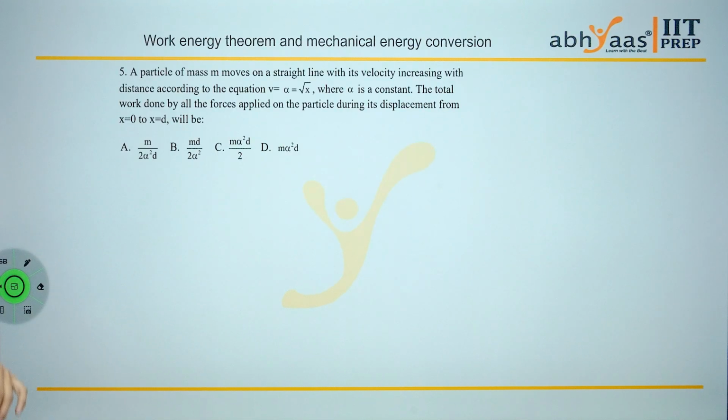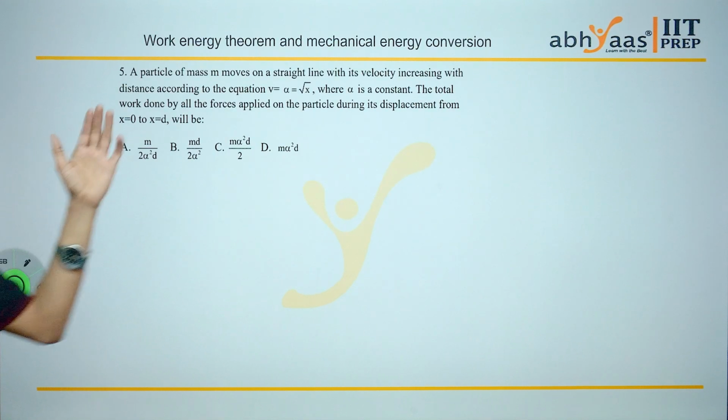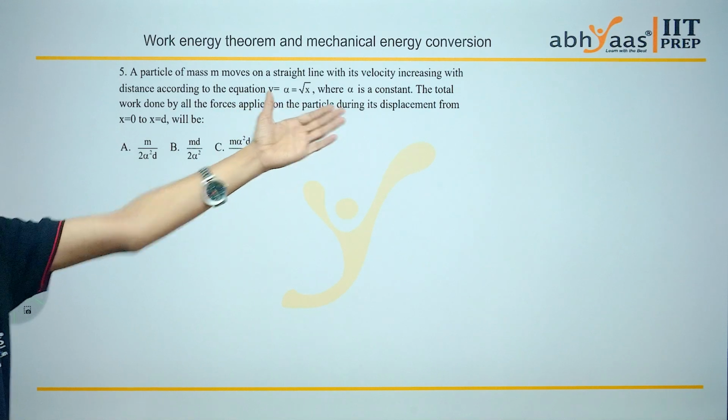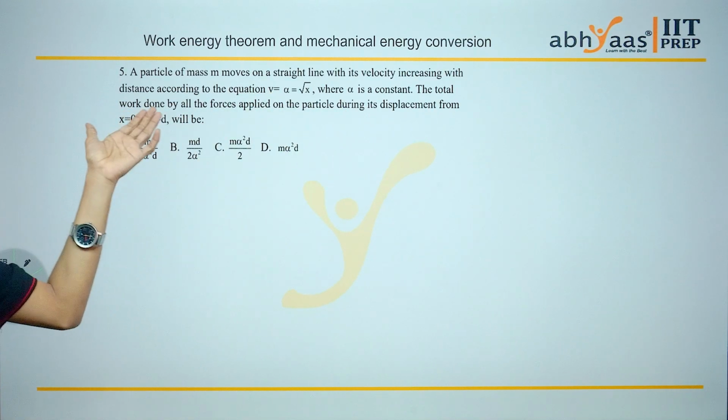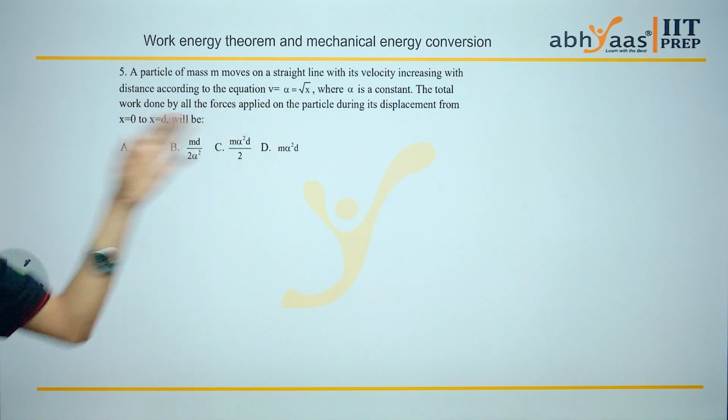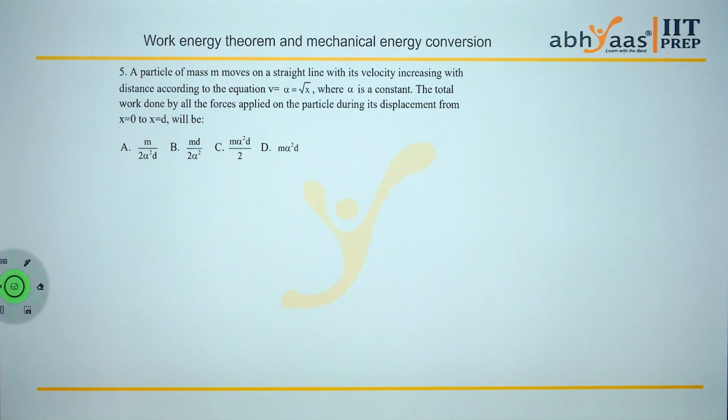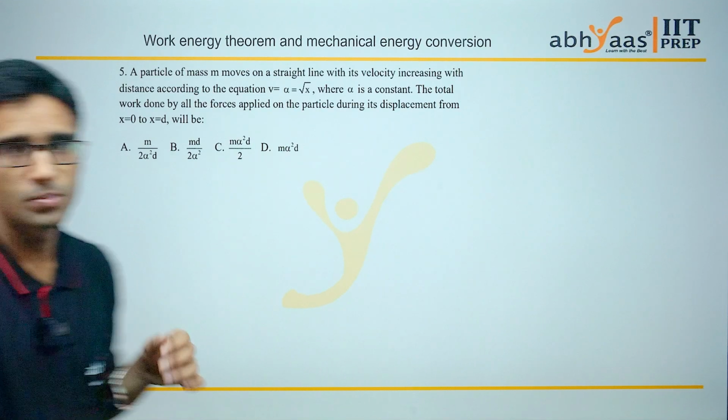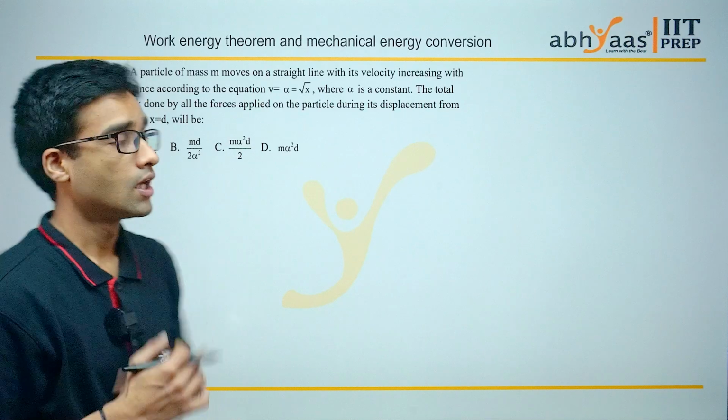Another one. Here a particle of mass m moves along a straight line with its velocity varying with distance according to the equation v equal to alpha root x, where alpha is a constant. Find the work done by all the forces applied on the particle during its displacement from one place to another.